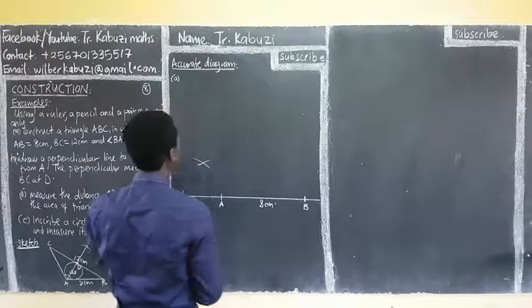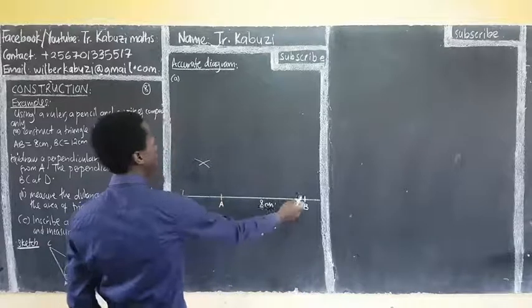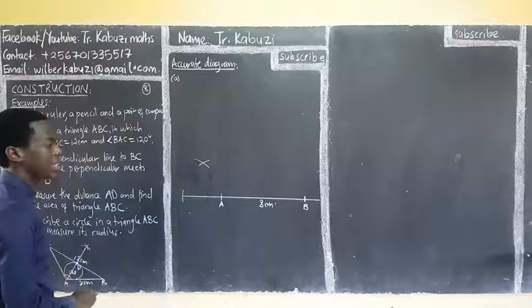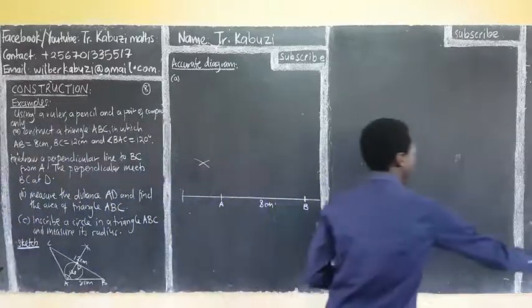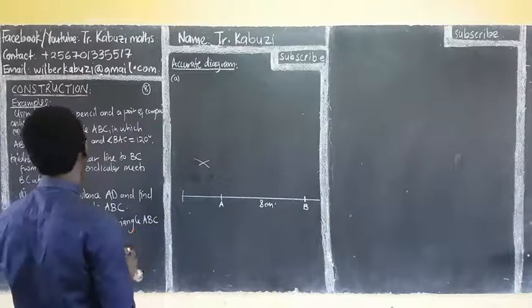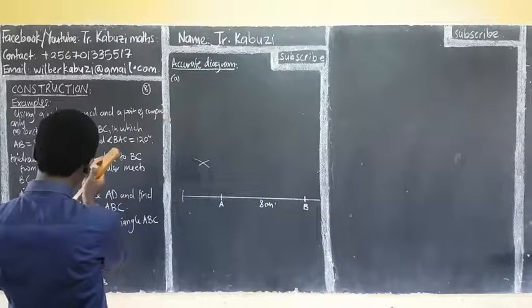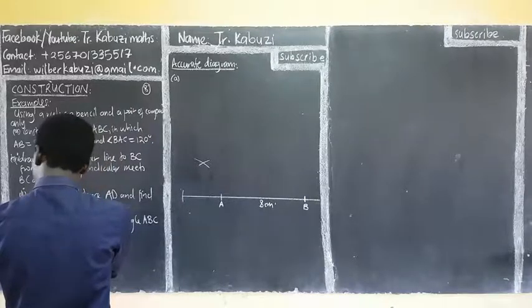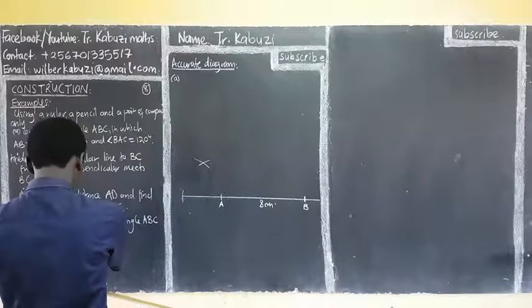But before I do that, you should know that BC, where C is going to be, is 12 centimeters. So I measure off my 12 centimeters with my compass.